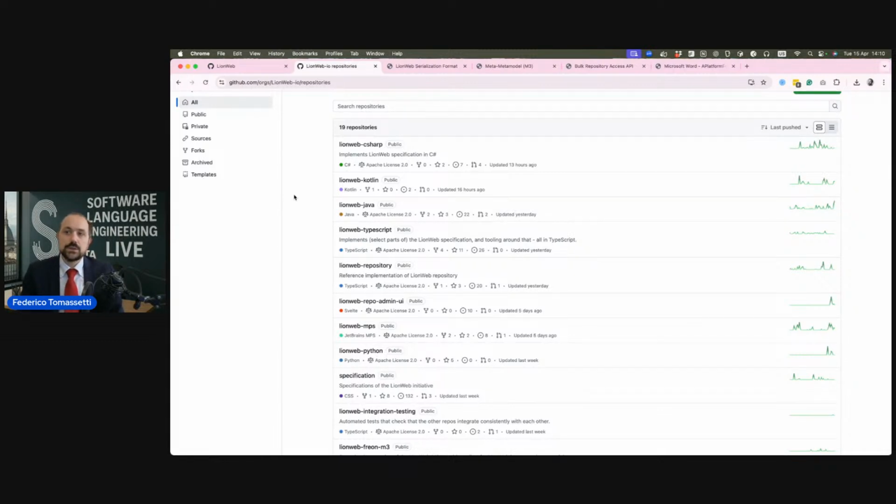In particular, we are using LionWeb Java a lot, but also LionWeb TypeScript, and we are working on adopting LionWeb C# and LionWeb Python. We use it as a way to exchange models. Our typical models are serialized ASTs, but we also have other models to represent the types or other information like idioms that we identify in code. And we exchange them across these languages, having a multi-platform solution as a result.